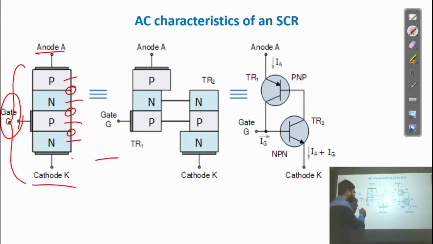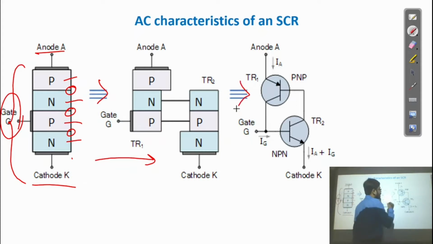This is its equivalent model of two transistors, a PNP and an NPN transistor connected to each other, and its equivalent connections with the transistor symbols, right? Circuit diagram. Now let us see, we have already discussed DC characteristics. Now we want to see the AC characteristics of an SCR, that is, how the SCR will behave with AC.